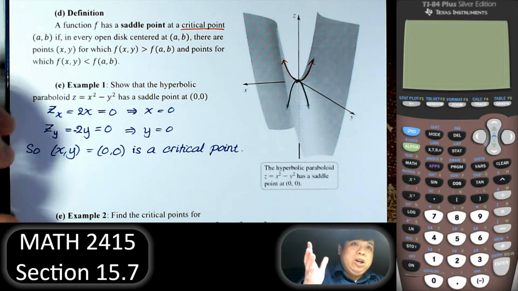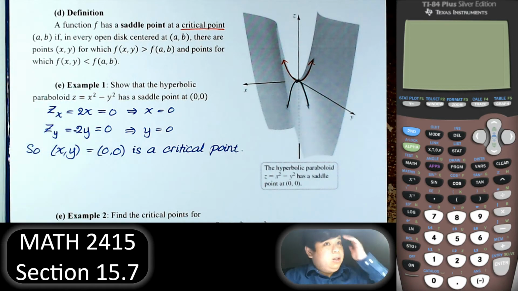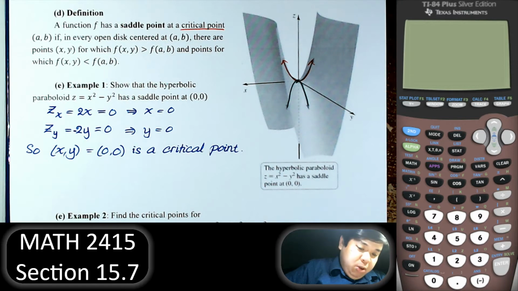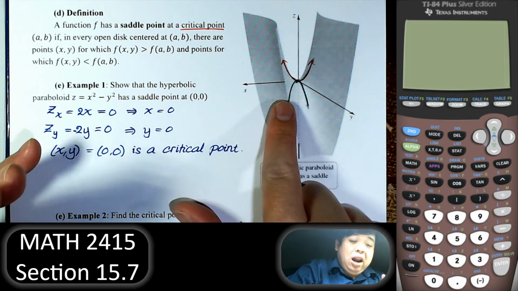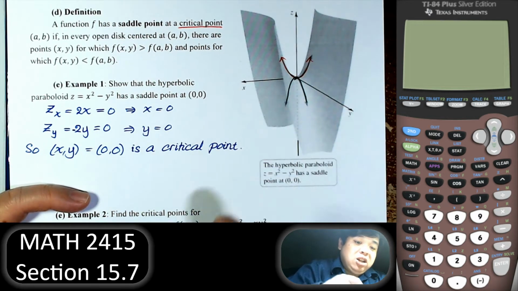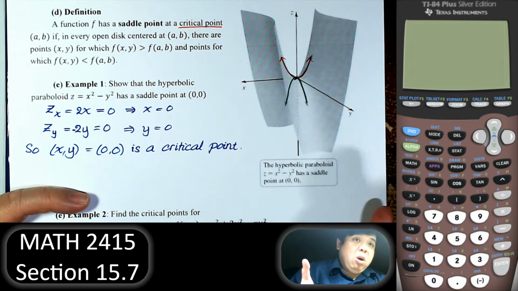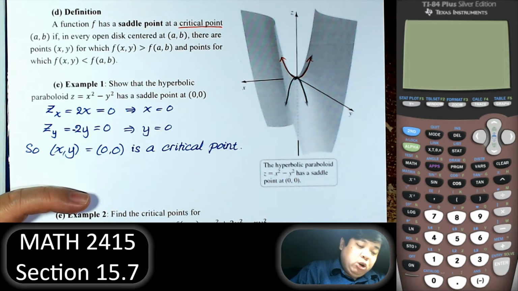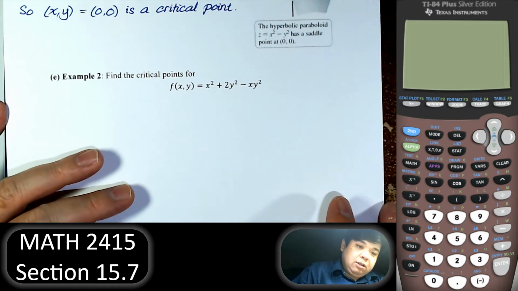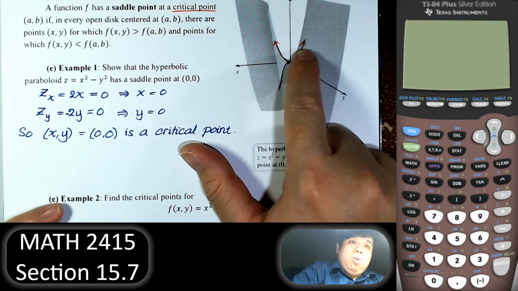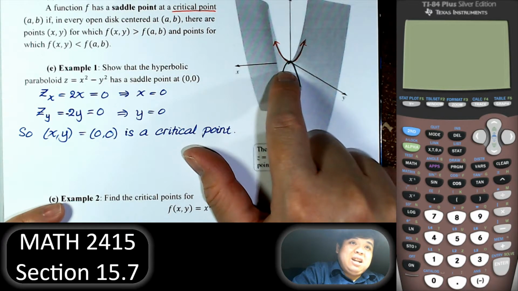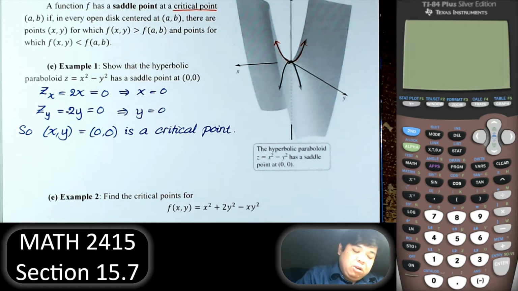It has to be a critical point to be a saddle point. So that's why it's special. Right now we don't show it mathematically, so we just say in one direction it is the maximum, and in the other direction it is the minimum. So it is a critical point. There is a point greater than it, and there is a point less than it. That is the saddle point.